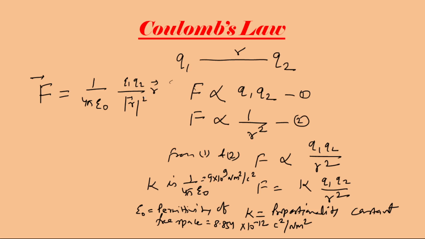Combining both of them, we get the force as Q1 Q2 by R square into 1 by 4 pi epsilon 0. Here 1 by 4 pi epsilon 0 is K, the proportionality constant, and epsilon 0 is the permittivity of free space. The value of epsilon 0 is 8.854 into 10 to the power of minus 12 Coulomb square per Newton meter square.